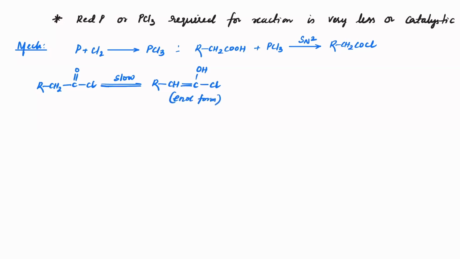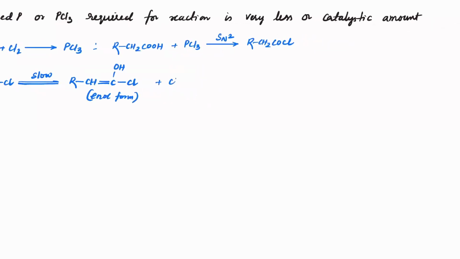It is this enol form which reacts with the chlorine molecule. The lone pair from oxygen pushes here, the pi bond pushes onto one of the chlorines and removes the other chlorine out as Cl minus. So we get RCH with one Cl present here, and then C double bond OH plus, and Cl minus.